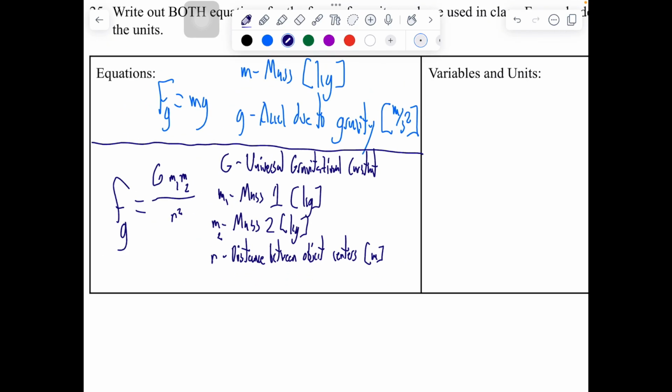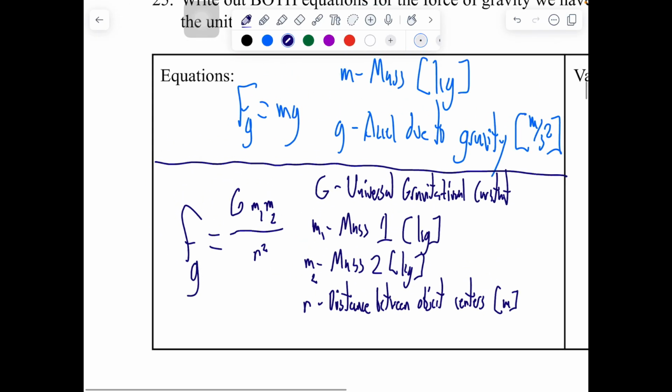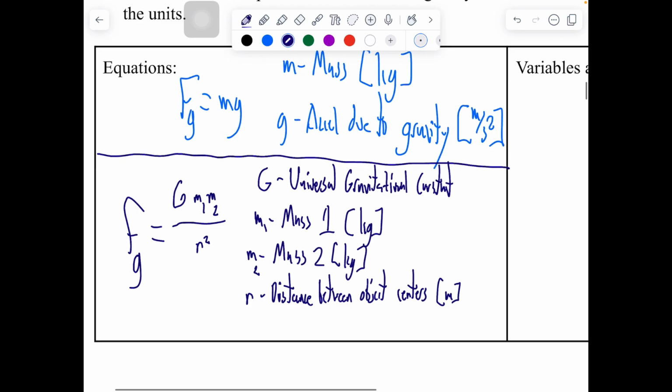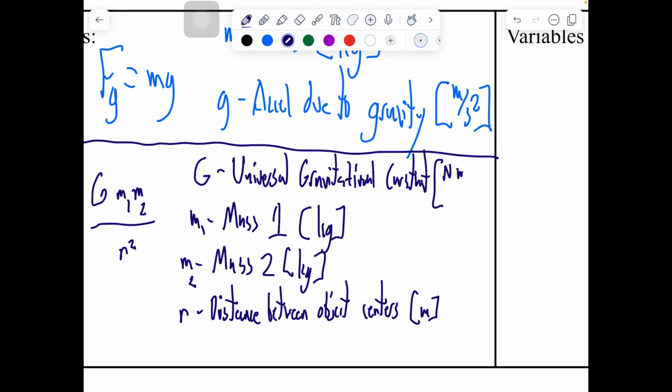Now you might say, what are the units on G? Units on G are a little tricky. Recall, force is measured in newtons. Newtons is on the left-hand side, so newtons must be on the right-hand side. So the units of our universal gravitational constant are newtons, but we also have r squared on the bottom. We want to cancel those units of meters, so we put meters squared here to cancel out the meters squared in the denominator.